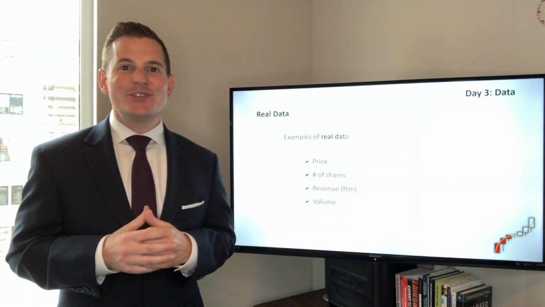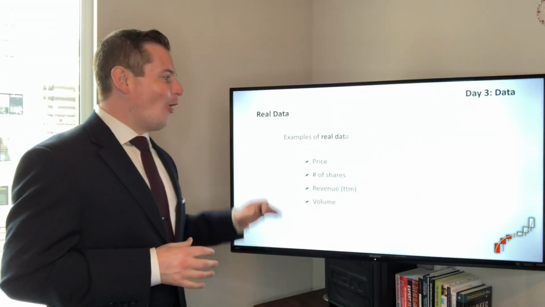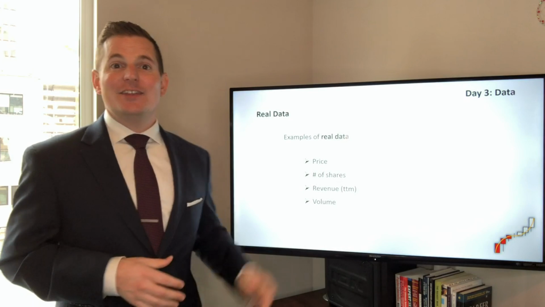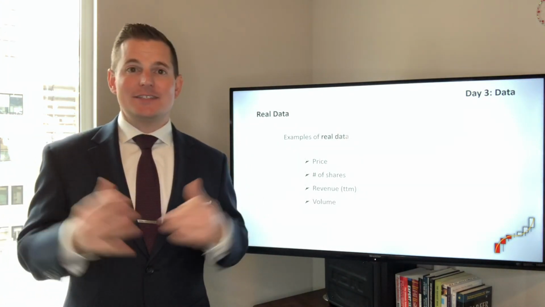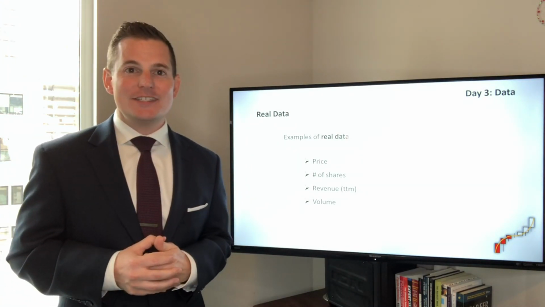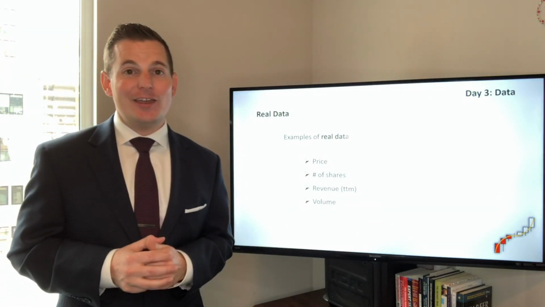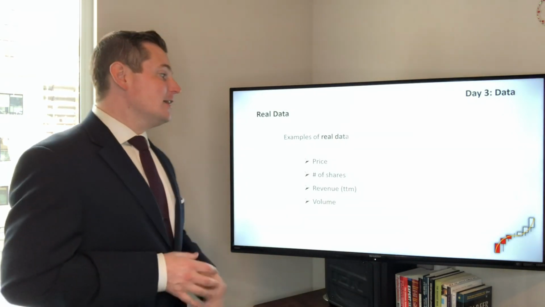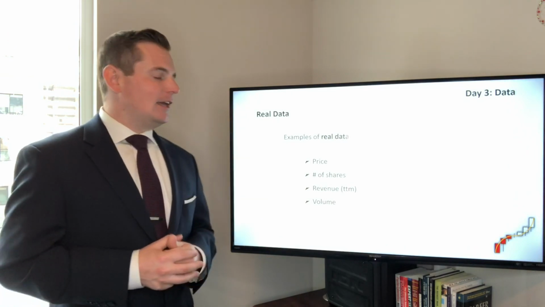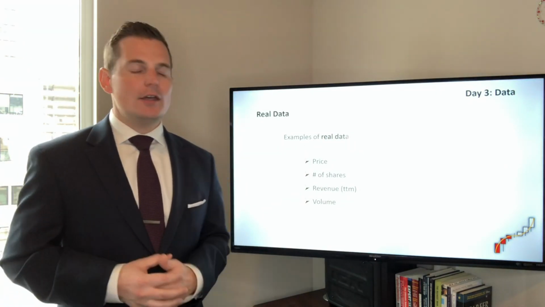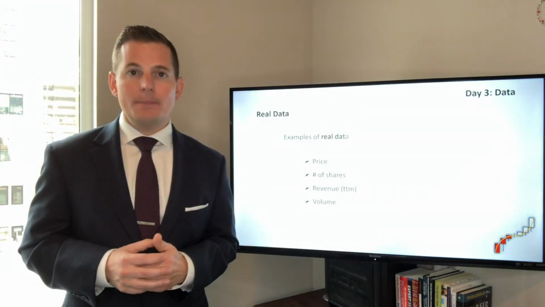So examples of real data are the price, right? The price is the price. That's the market price, and that's what you're going to pay, and that's what you're going to get if you have it and you're trying to sell it. A next example of real data is the number of shares, right?